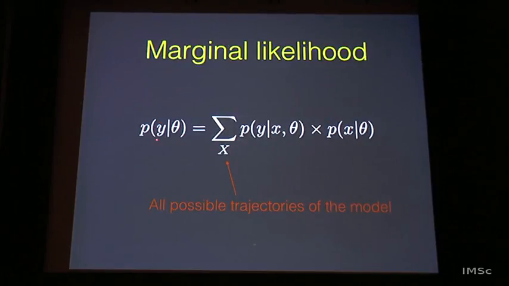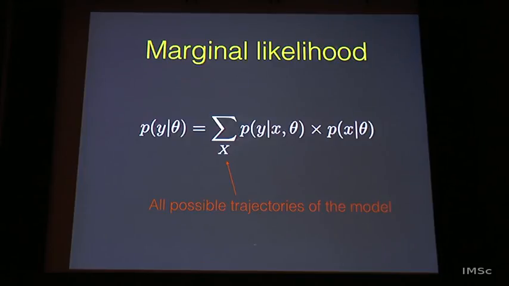The marginal likelihood is the probability of the data given the parameter. And you can just expand this expression to include the trajectories x of your model. And so if you sum over all the potential trajectories of the model, then you will get the marginal likelihood.